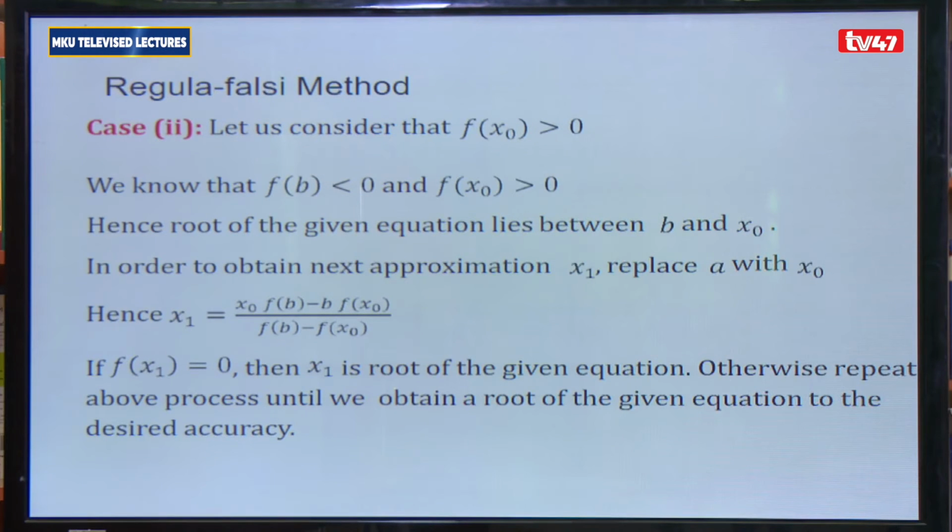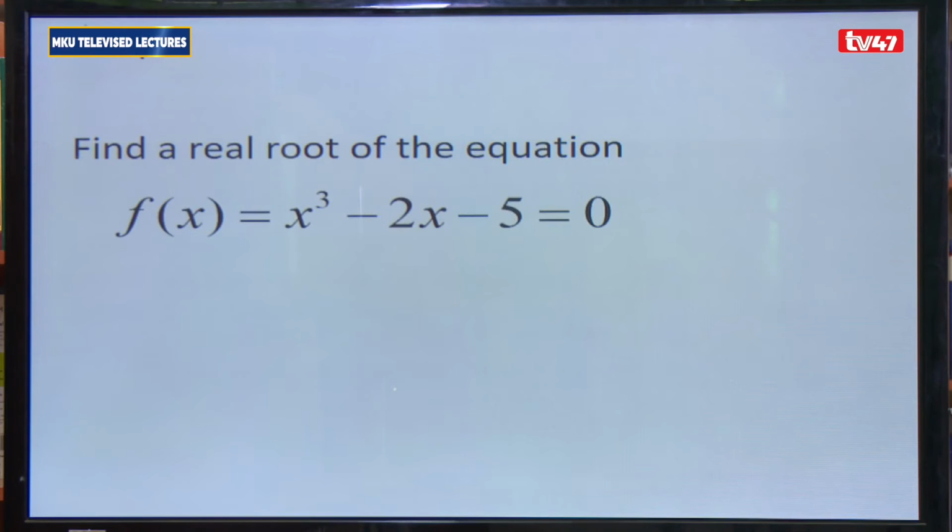If fx1 is equal to 0, then we can say that that is the root of the given equation. Otherwise, we should repeat the iterations until we get the desired approximation to the root.